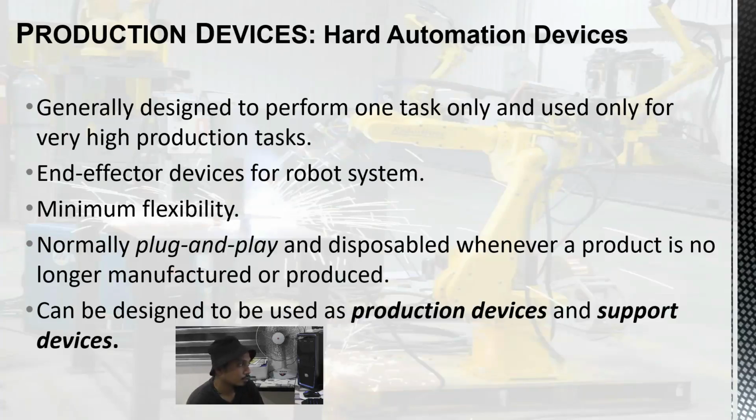These production devices are part of the support devices for production, and we can also use them as production devices by reconfiguring the tools, becoming important production devices, like a welding tool that can be reconfigured and used again by the operator, for example.